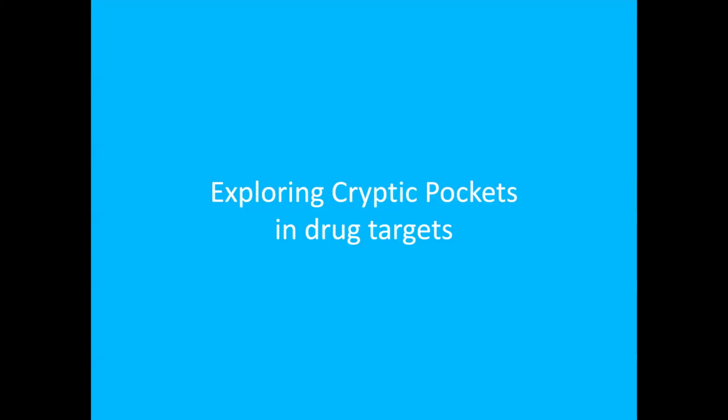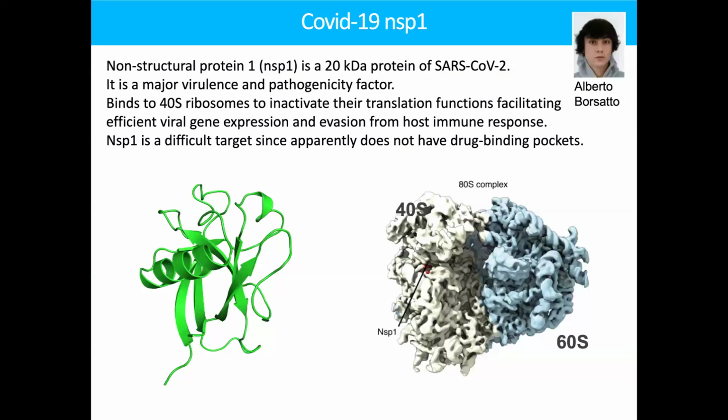We used this approach during the COVID emergency to explore cryptic pockets in targets that were important for COVID-19. In particular, we looked at a target that had been less studied, non-structural protein 1.